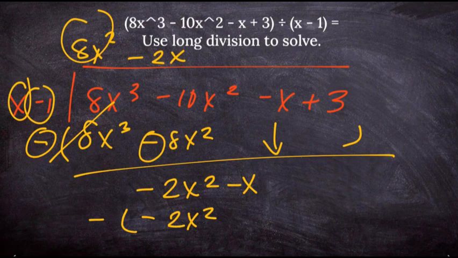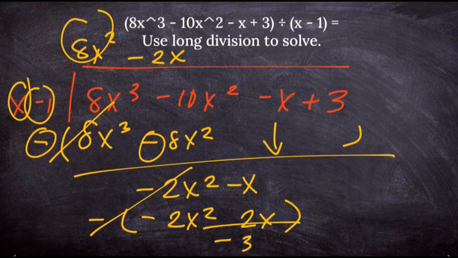And multiply that again by -1, leaving us with 2x. All right? So this cancels out, and we have minus x minus 2x, leaving us with -3x, bringing down the plus 3.